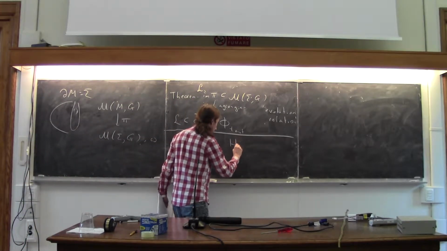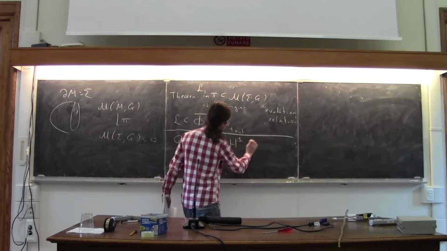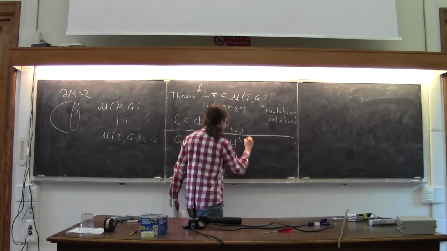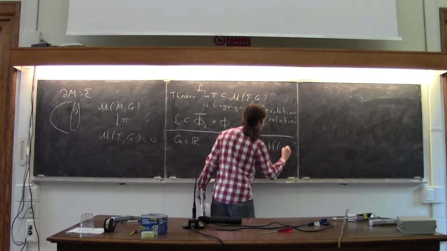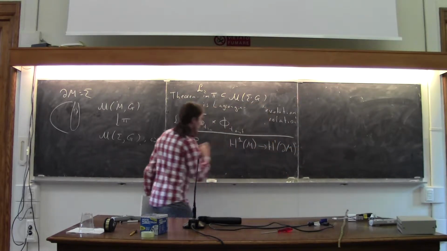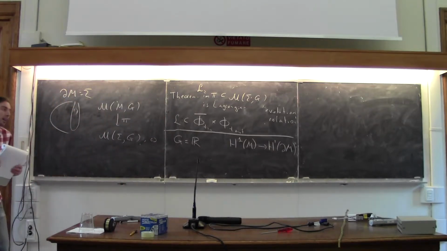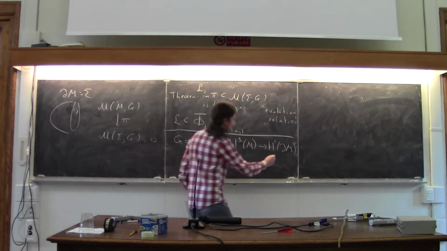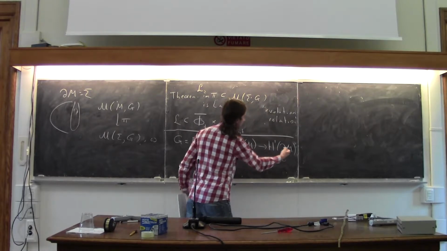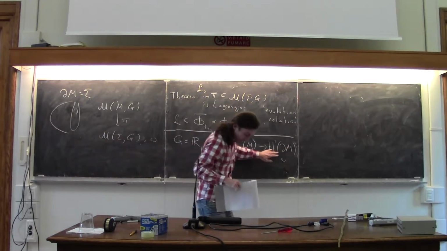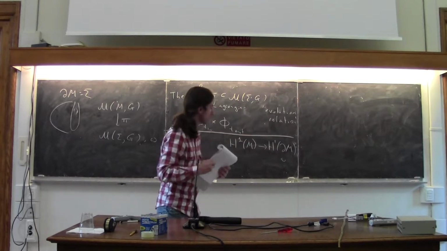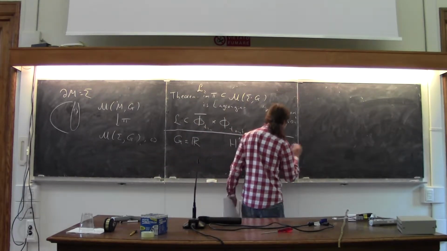So I have a map from H1 of M to H1 of the boundary. I claim that the image is Lagrangian with respect to the Poincaré duality pairing, which is what the symplectic structure degenerates to in this case.